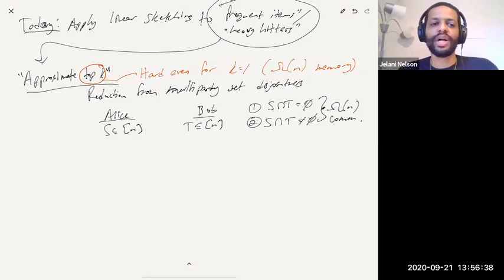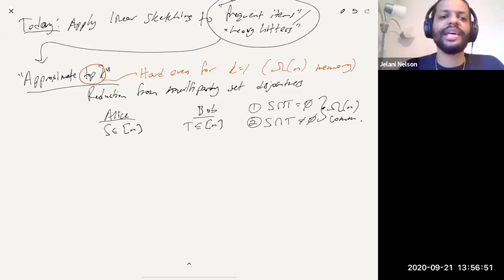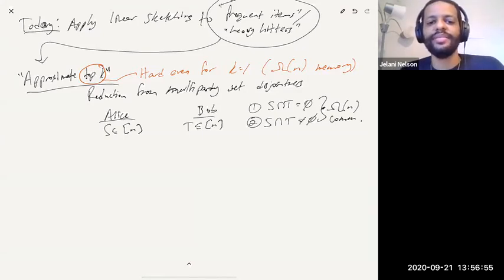And if you could solve top K, where K is 1, show me the item with the largest frequency, then you could solve disjointness, right? Let's say that your algorithm not only identifies the item, but gives you some approximation to its frequency. Alice can run the top K algorithm on her input S, feed the memory contents to Bob. Bob runs it on his input.